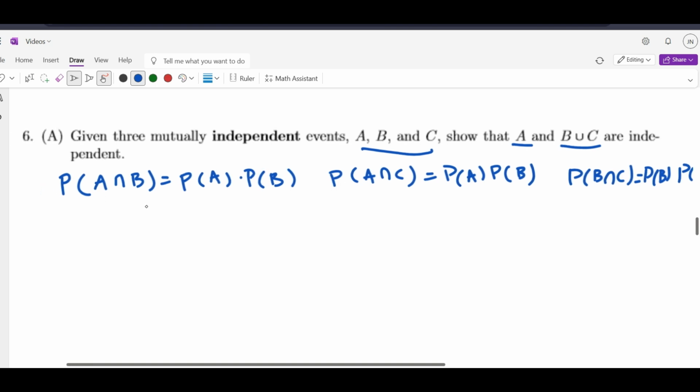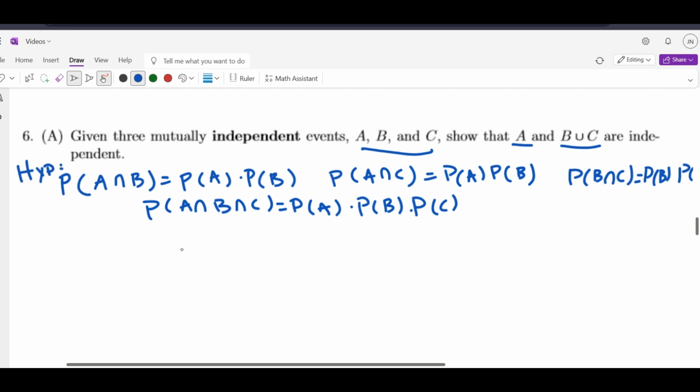And then all three intersecting also. This is the hypothesis basically. You know all this information. And let's see how we want to use this.